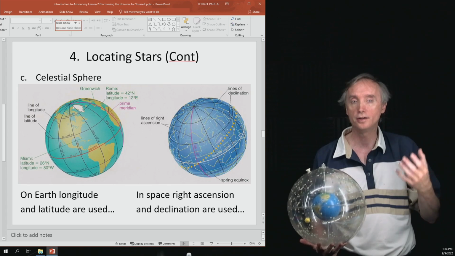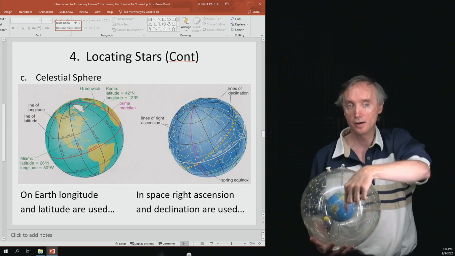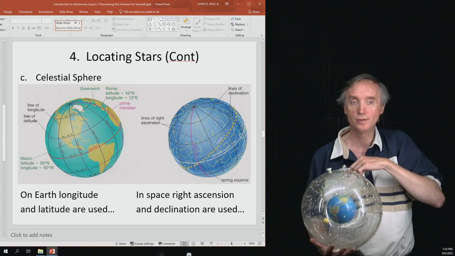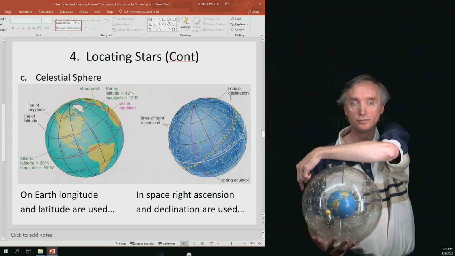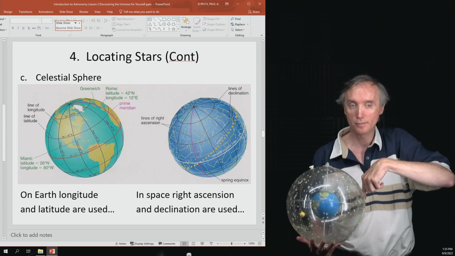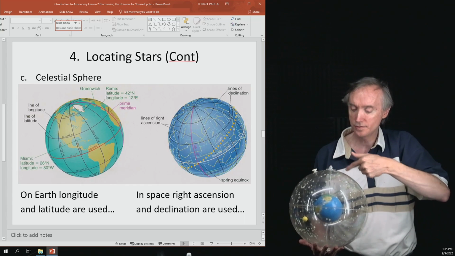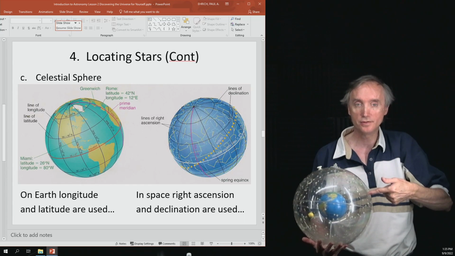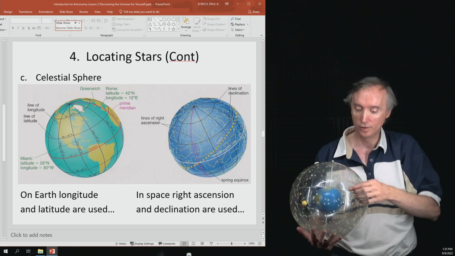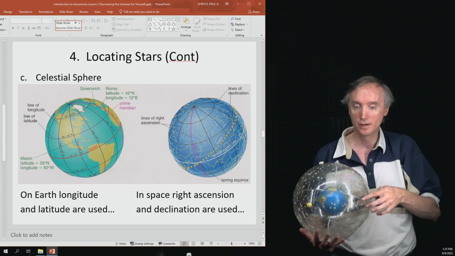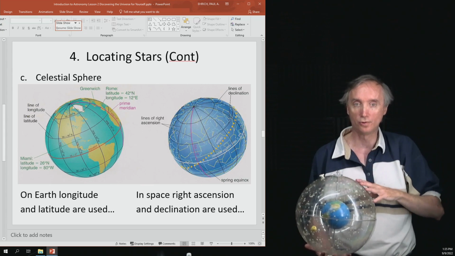That would be 180 degrees longitude. And if you go in the opposite direction, then that's going to be negative longitude. So these would be negative numbers over here, and these would be positive numbers over here. Then you've got the lines that are going sideways, and those are latitudes. It starts off with 0 at the equator, and then it goes to 90 at the North Pole.